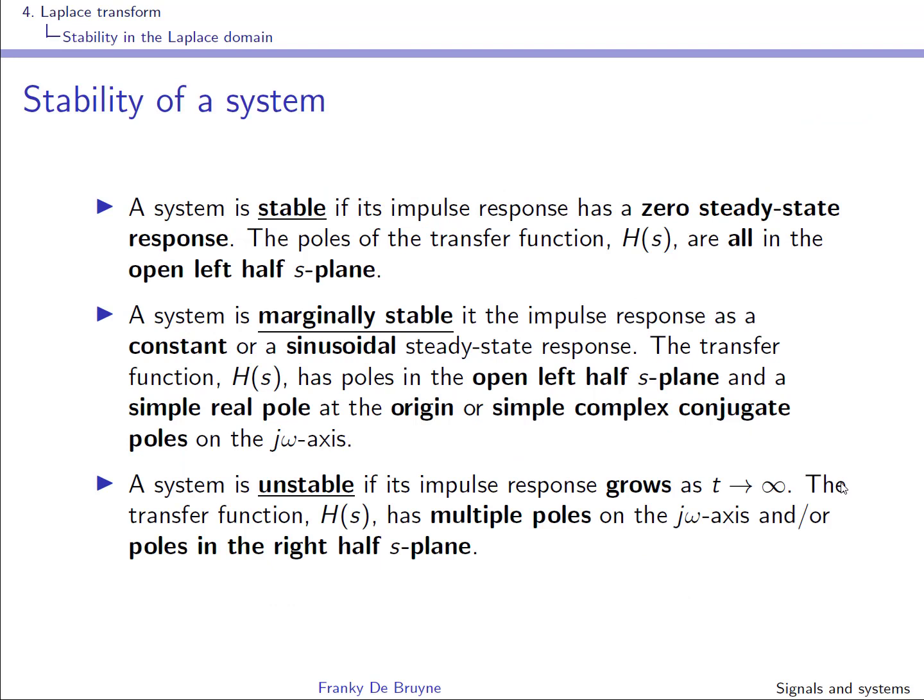So we have seen that if all the poles are strictly to the left of the imaginary axis, the system is stable. We'll even call it asymptotically stable.